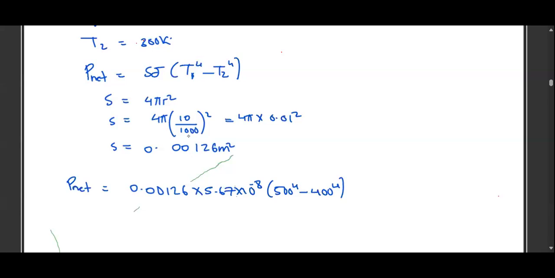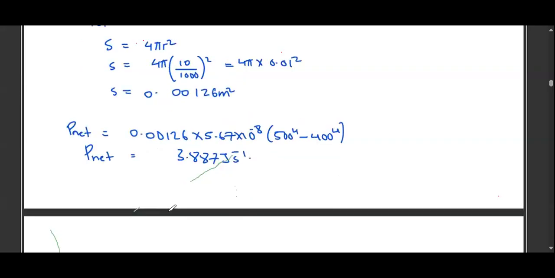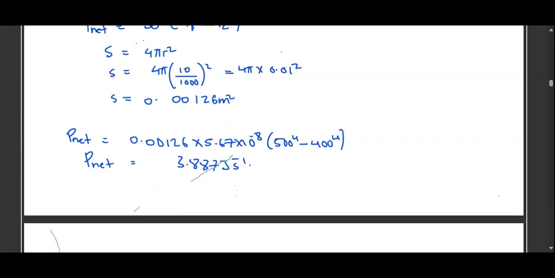I am getting our P net as 3.887. These are going to be joules per second. Now, this is the amount of heat that will be lost by the copper sphere per second.